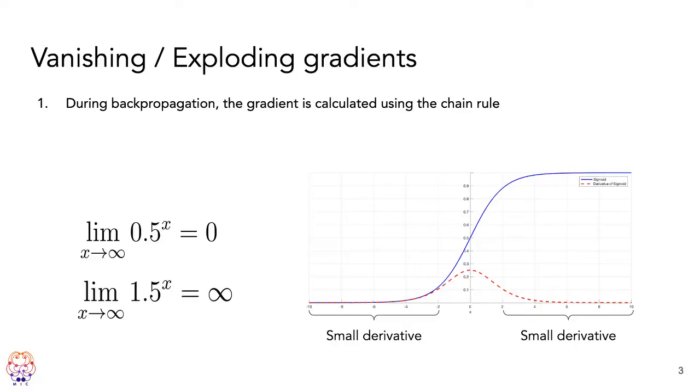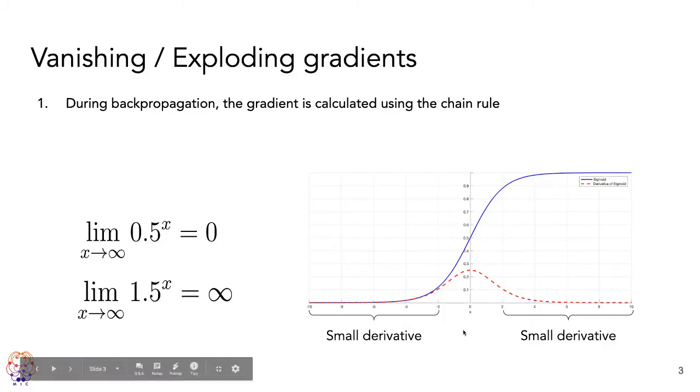So yeah, vanishing and exploding gradients. This is a common occurrence in neural networks. Basically, during backpropagation when the gradient is calculated. For example, we have a gradient of this sigmoid function. The solid curve is the sigmoid, the dotted curve is the gradient.